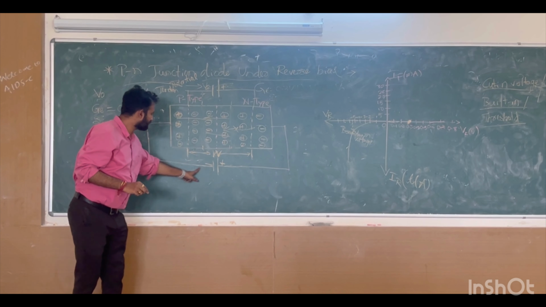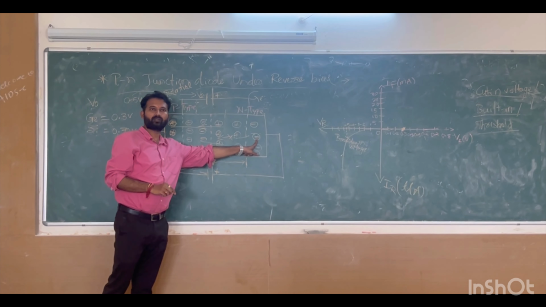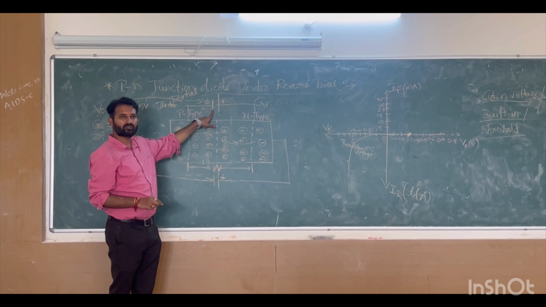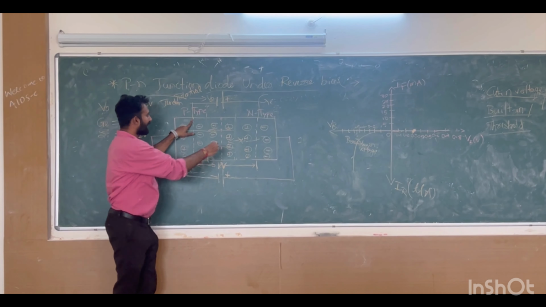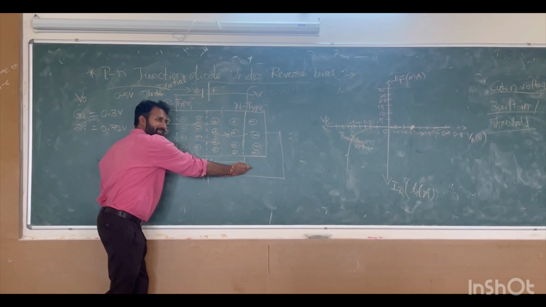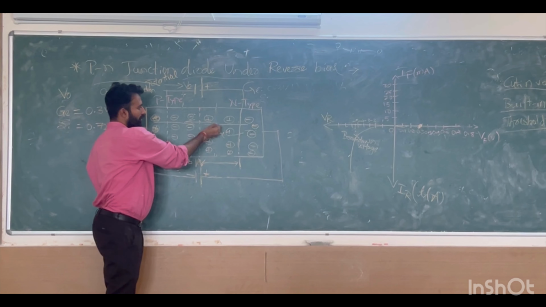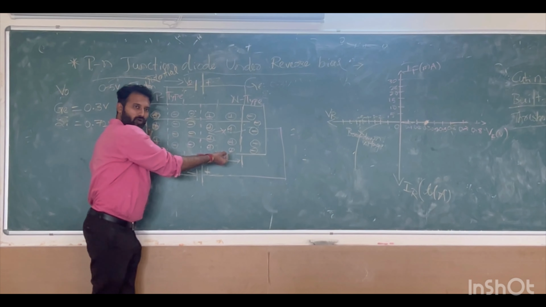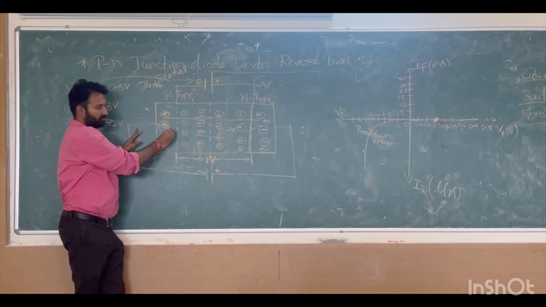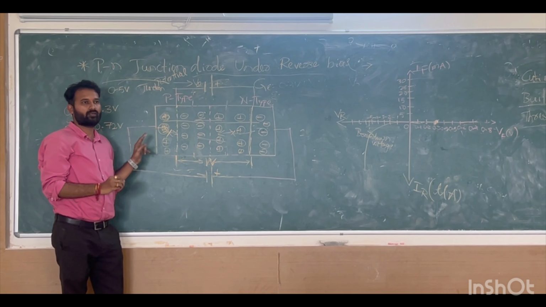Because negative is connected to the P side and positive is connected to the N side. This potential increases, so the barrier width also increases. So majority carriers which are electrons cannot cross here because we have a depletion layer, and majority carriers which are holes cannot cross because I have a depletion layer.